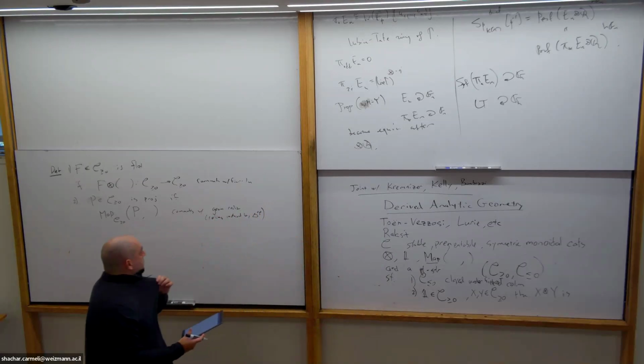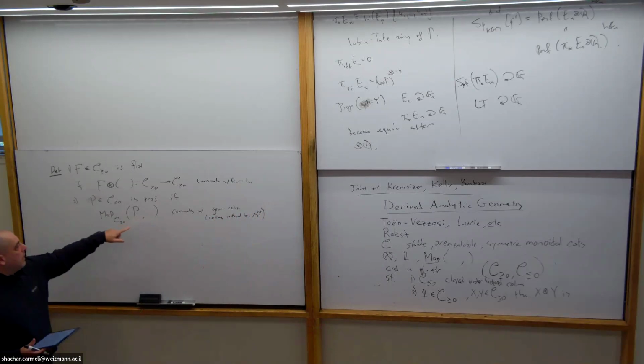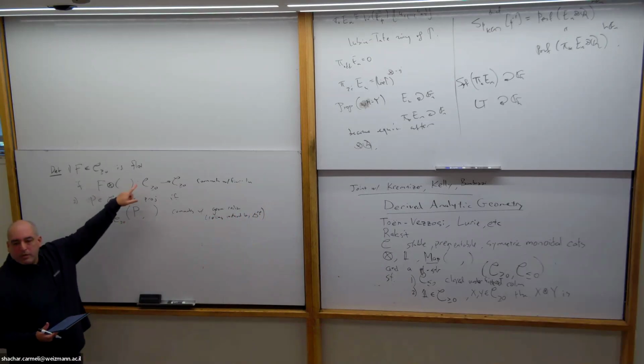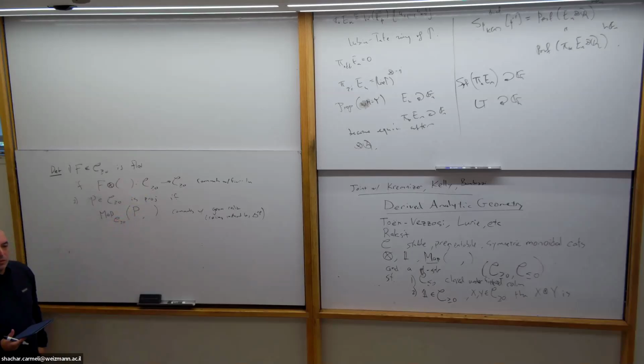It's a colimit indexed by a functor from Delta op to C bigger than or equal to 0. It takes colimits to colimits.